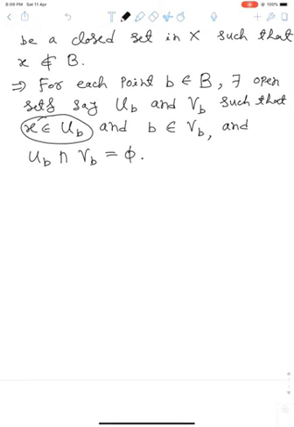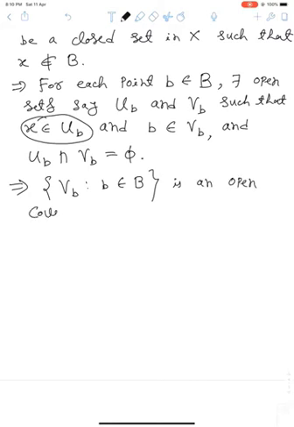Now, if we take the collection of all such VB where b belongs to the set B, it is an open cover of B, right? Why is this an open cover? Obviously this covers B and each VB is an open set, so this collection is an open cover of B. Now can we say that it has a finite subcover?